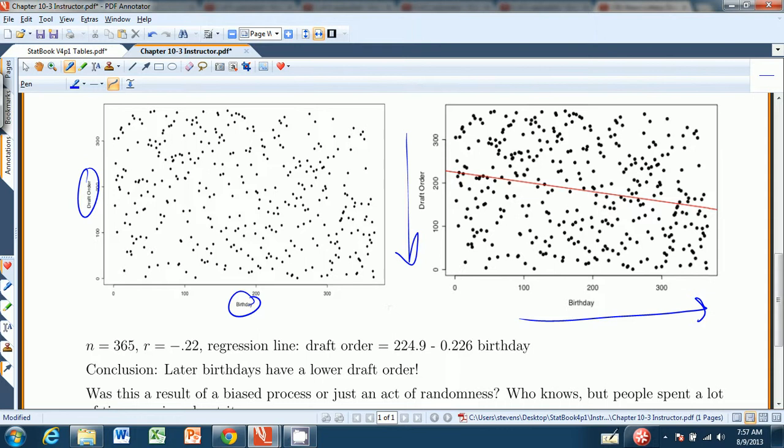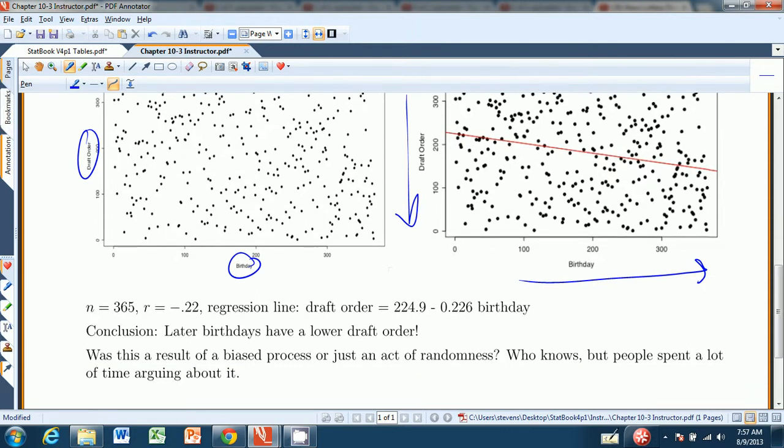So people with late birthdays were very upset about this. The regression line is actually draft order equals, well, there's the y-intercept, minus 0.226 times the birthday, right? If you number these things 0 to 365. So the lower birthdays have a lower draft order.